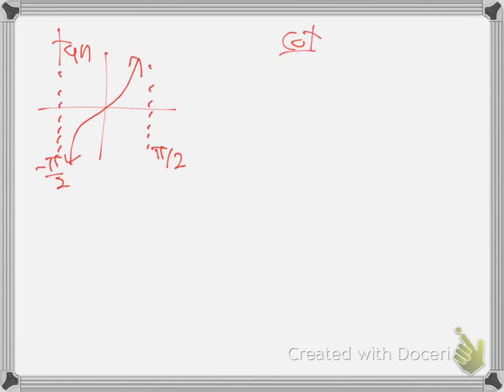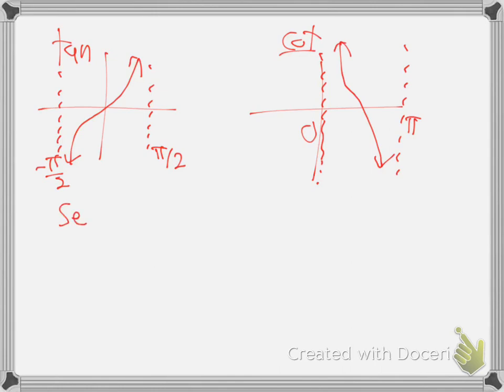And then cotan is the same thing, but he goes from 0 to pi and does an upside down snake, right? And then secant over here has the same bounds as tangent, negative pi over 2 to pi over 2.